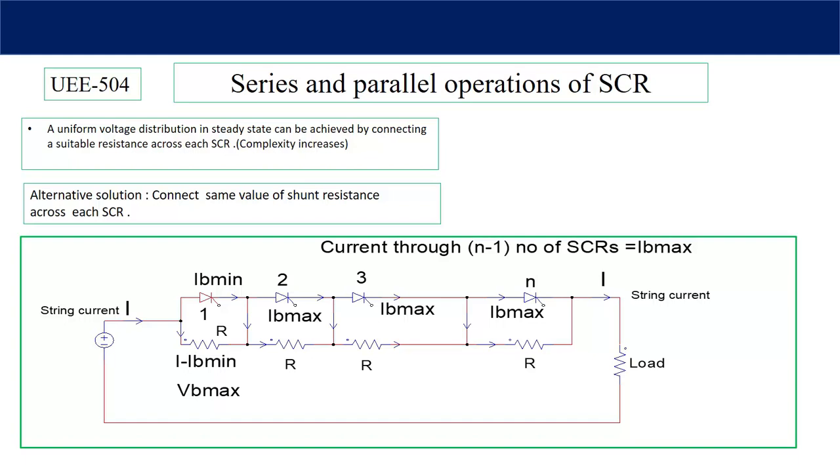So this is the main concept behind it: instead of calculating different values of resistances for each thyristor, select a worst case condition. Out of n number of thyristors, which one is sharing maximum voltage?